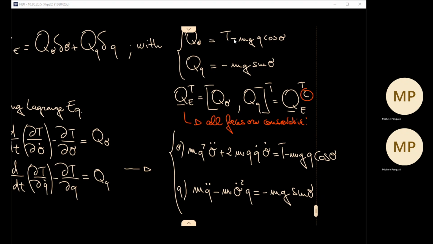In fact, maybe tomorrow, I don't know, or next week, we're going to see that there is even a shorter way to solve this exercise, and we will see it using the so-called Kane equations. Equazione di Kane. Kane equations. But this is another story.